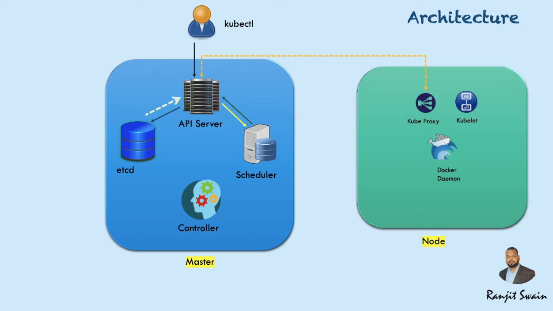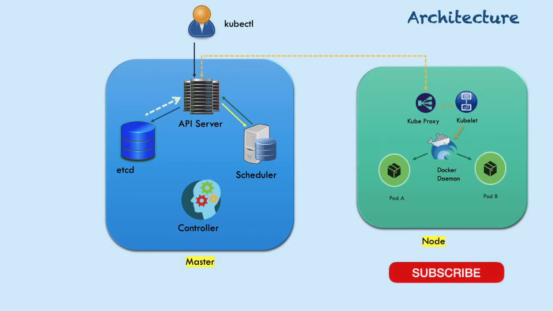How will it invoke? It will invoke through the kube-proxy. Okay, so the API server will invoke the kubelet through the kube-proxy. And once that happens, the kubelet talks to the Docker daemon using the API over the Docker socket to create the containers. So the Docker daemon will create the container.